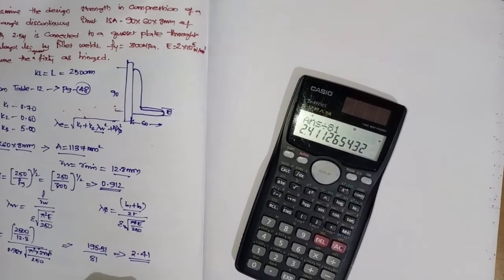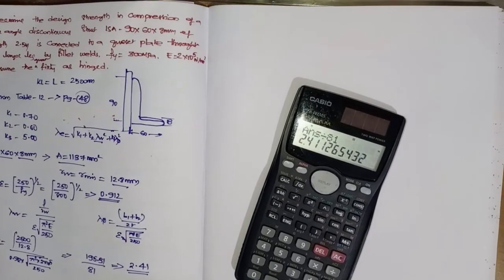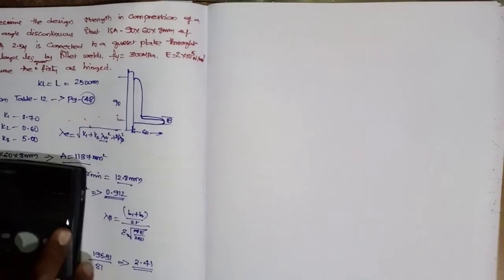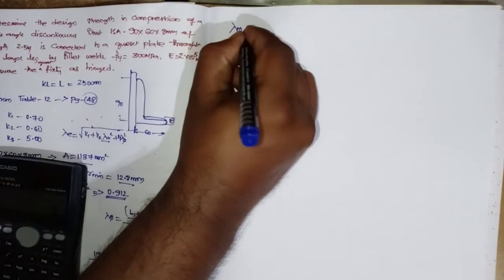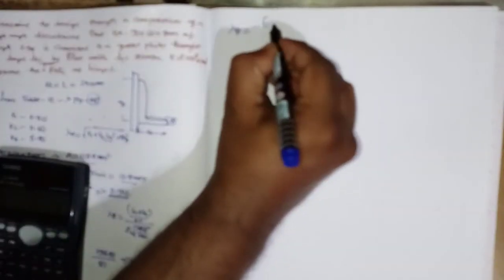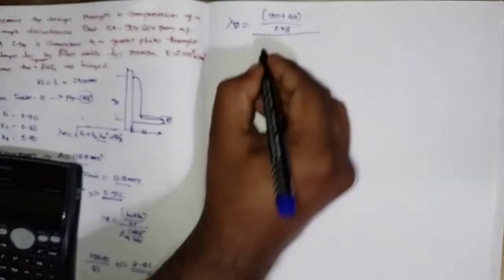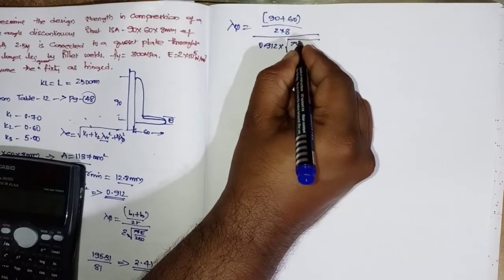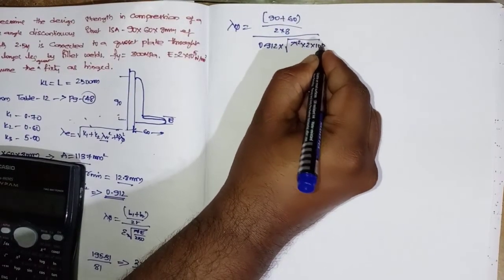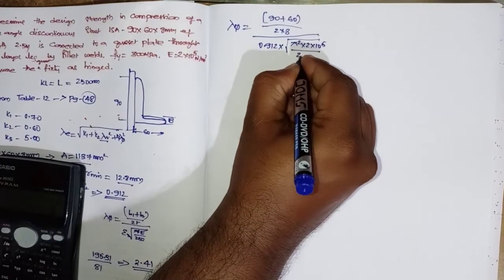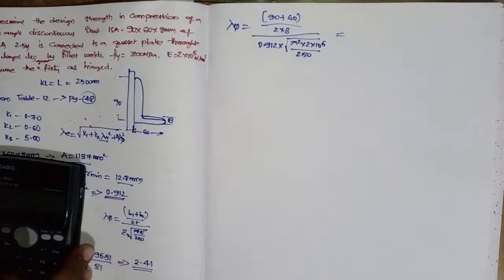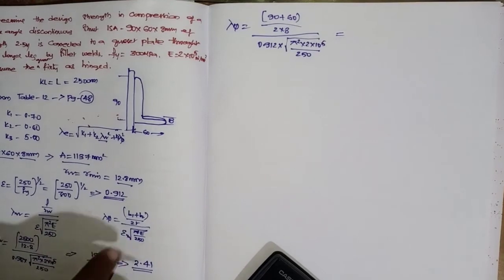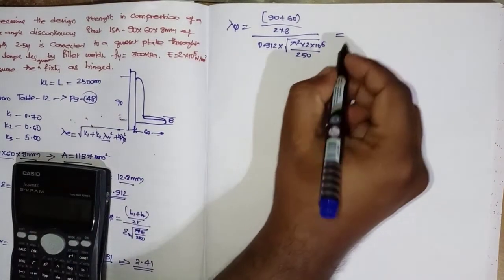Next, lambda phi, which equals B1 90 plus B2 60 by 2 into 8, divided by epsilon 0.912 into the root of pi square into 2 into 10 power 5 divided by 250. See here, in the denominator this one is 81.